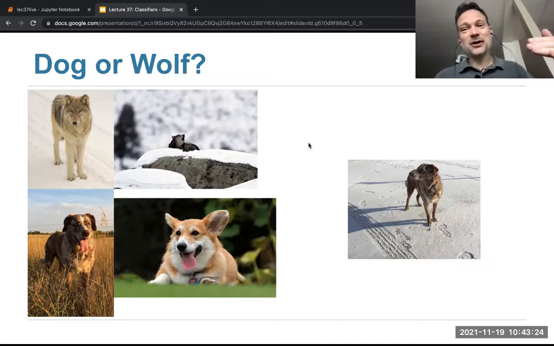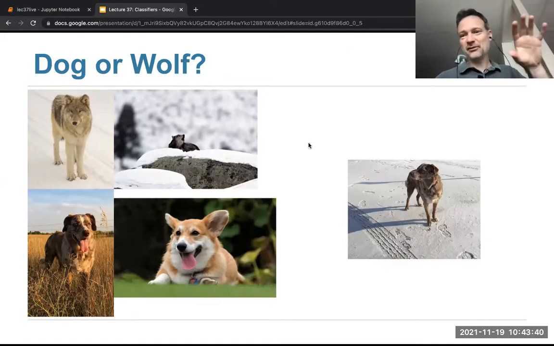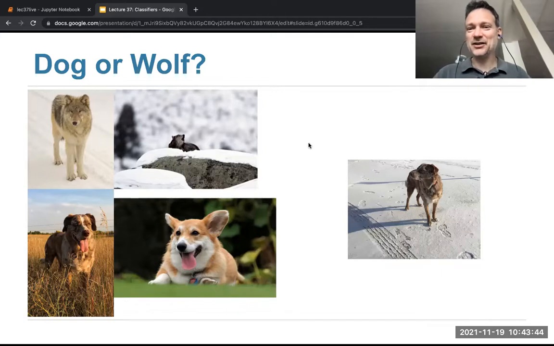There's a very strong correlation here in this training set between background and the correct class. So there's a very good chance the machine learning classifier would learn to pick up on the background, white versus colorful. And if it's a mostly white image, say wolf, and if it's a colorful image, say dog. So now when you've got a picture of a dog on snow, it's mostly white, and your classifier will predict wrongly. It'll think because of the snow that it's a wolf, but it's actually not.